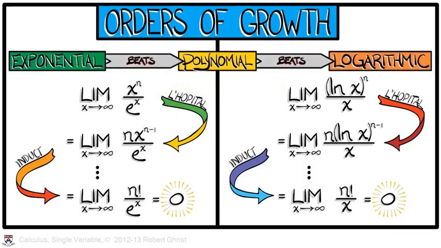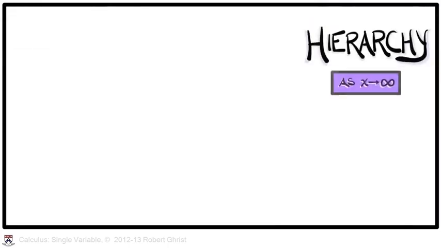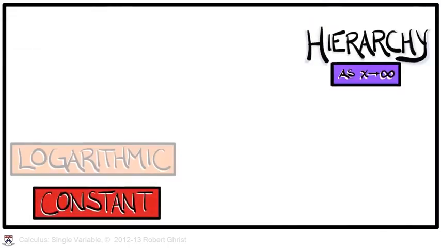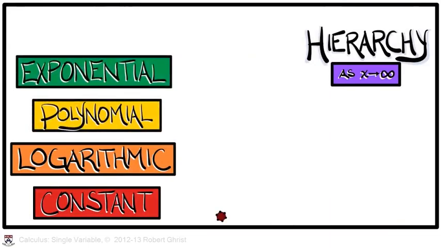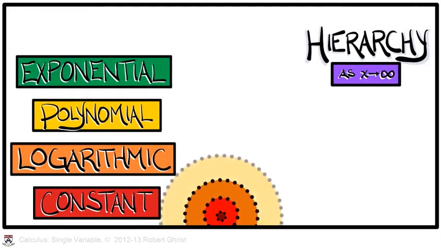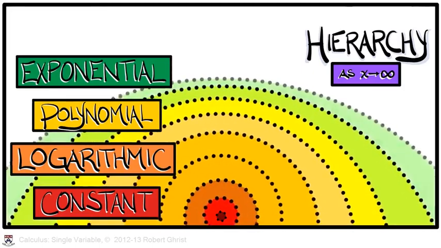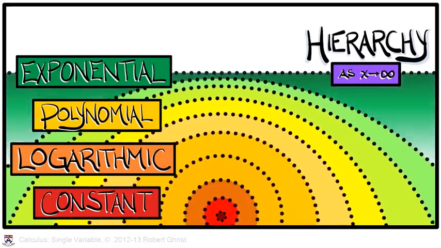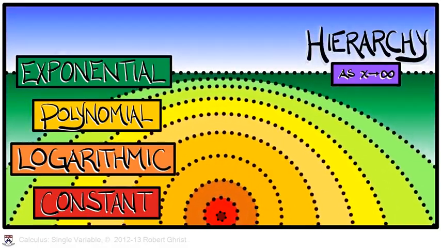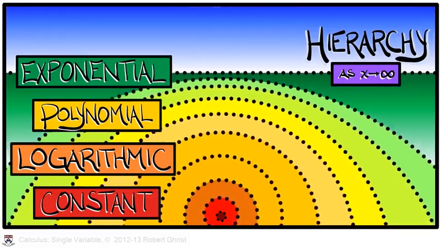Now, put these together, this means that exponential growth beats polynomial growth, beats logarithmic or even polylogarithmic growth. What else is there? Well, there's an entire world or hierarchy of functional growth as x goes to infinity, beginning with the constant functions that don't grow at all, moving up to logarithmic growth, to linear growth, quadratic growth, cubic growth, all the way to exponential growth.